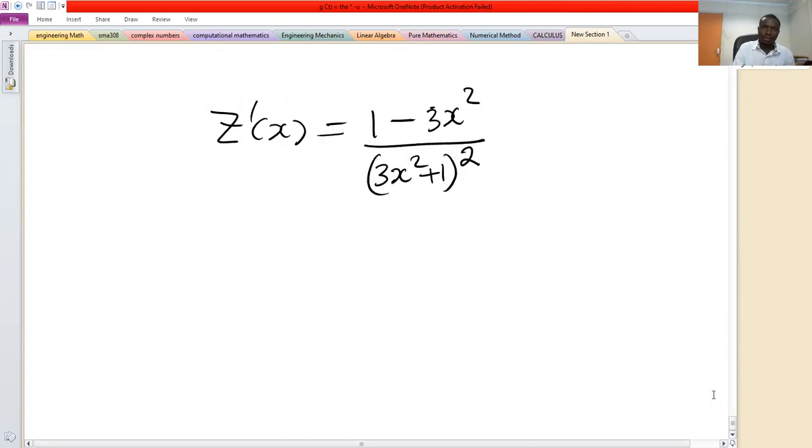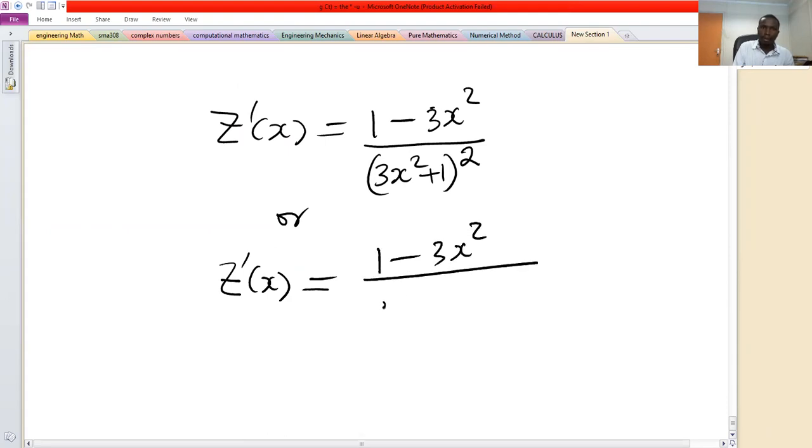You can leave it that way, or you can expand the denominator: (1 minus 3x squared) over (9x to the power 4 plus 6x squared plus 1).